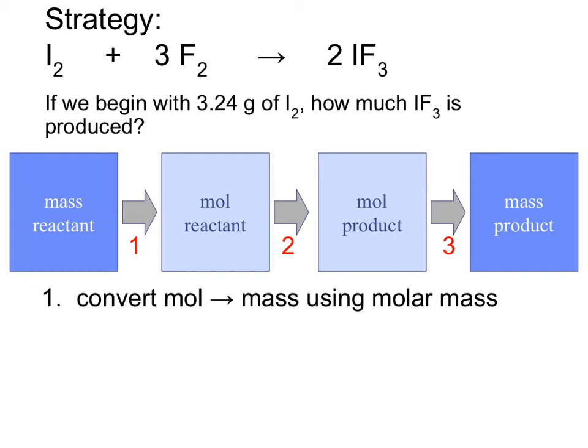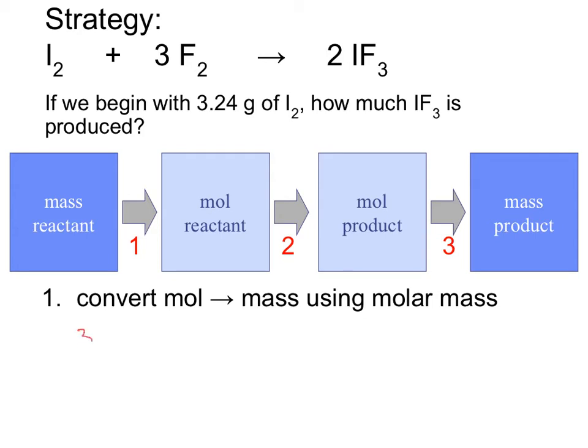We're once again going to look at our reaction between iodine and fluoride in order to form iodine trifluoride. And so, if we begin with 3.24 grams of I2, we want to know how much IF3 is going to be produced. And so our first step is to convert over to moles using our molar mass.